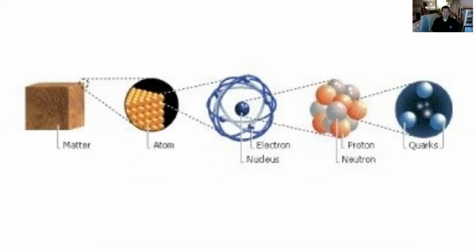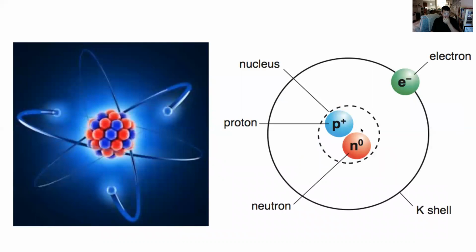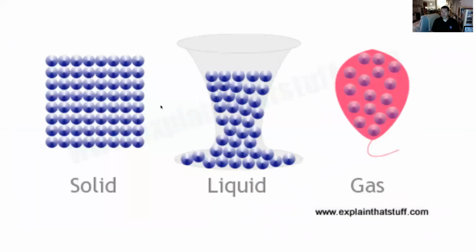We just want to think, hey, can we break it down, and what do these things look like at the atomic level? All right. So we know that in our atom, hopefully we've seen this before, we got protons and neutrons in the center of the atom, that's our nucleus, and the electrons are orbiting it. We will do whole units on atomic theory, right? So we're just kind of introducing it right now.